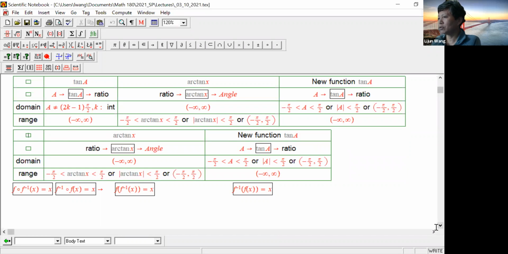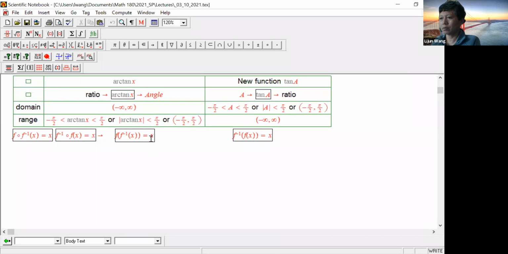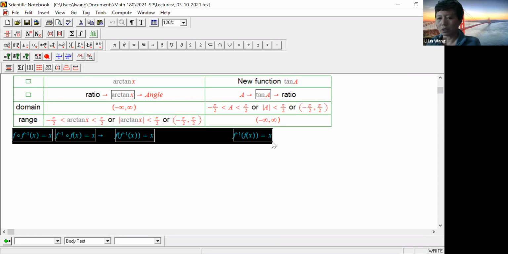And we're looking at these two functions that are inverse to each other. These two functions that are inverse to each other, with their specific domain and range, also satisfy these properties. That's for any pair of inverse functions. No exception. You can see the consistency of mathematics.